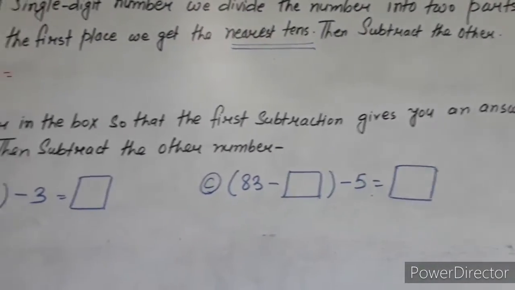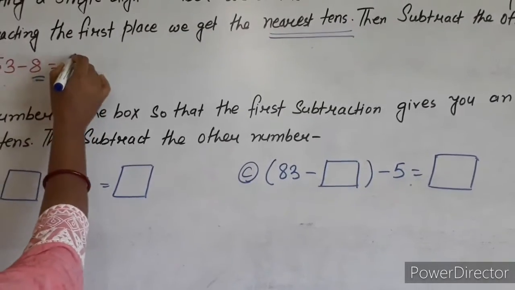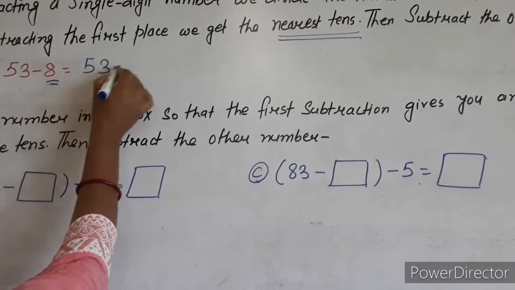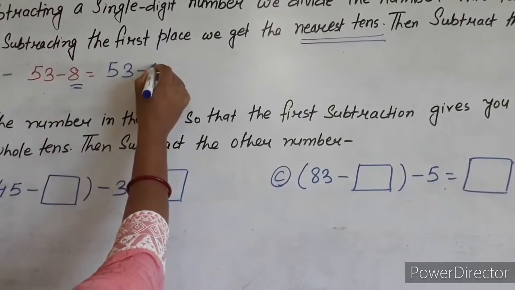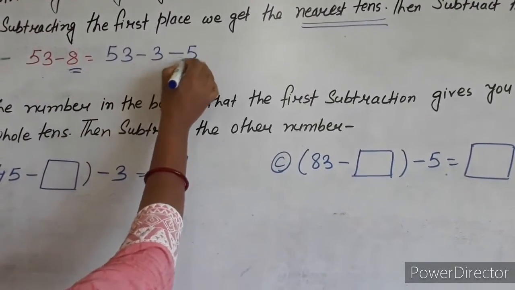See how we have to subtract 53 minus 8. You can write it like this: 53 minus 3 minus 5.